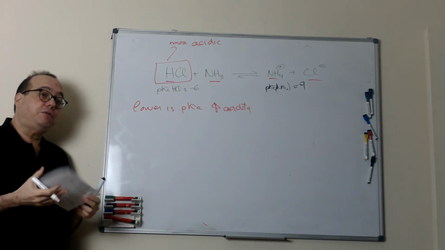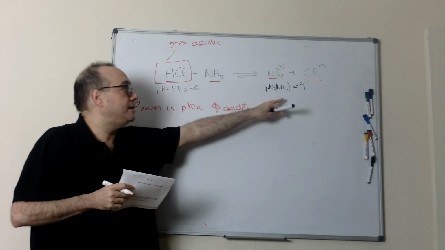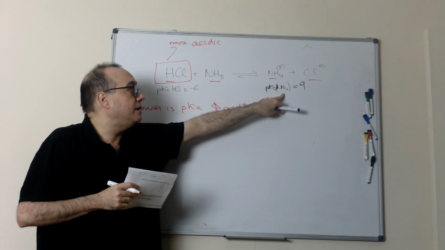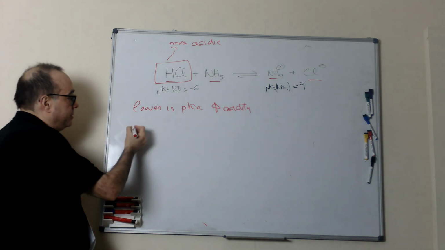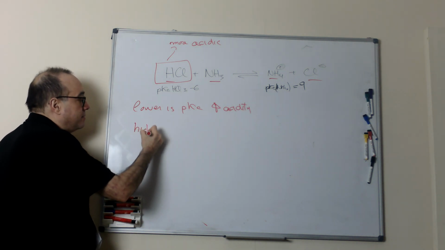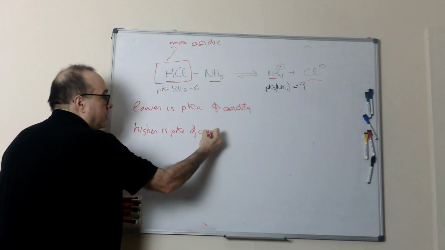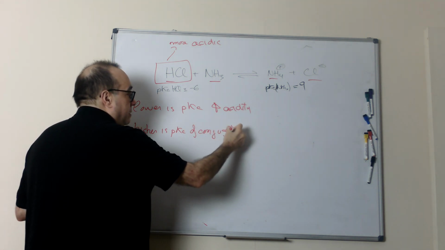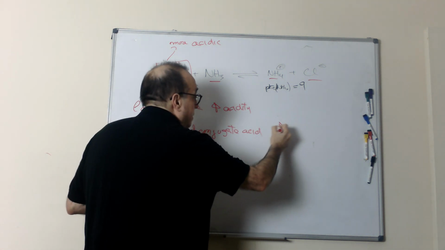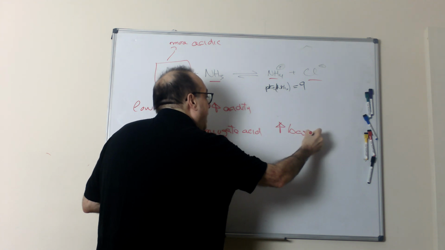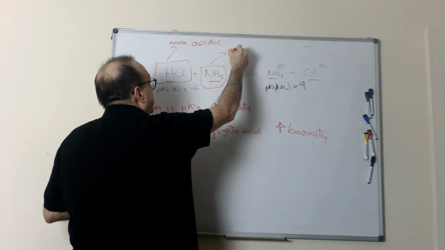Well, here we have to check the pKa of the conjugate acid. In this case, the pKa of the ammonium and the pKa of HCl. We know that the higher the pKa of the conjugate acid, the higher the basicity. That means that NH3 will be the more basic.